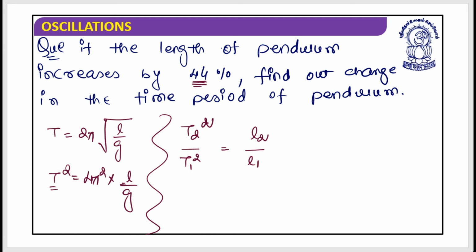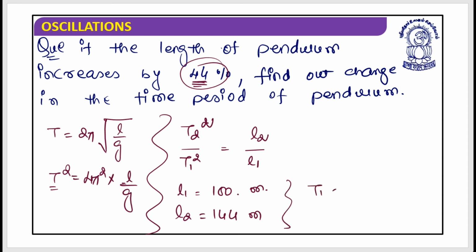I will take the initial L1 as 100 meters, and that has been changed by 44%. Then the new length will be 100 plus 44, which is 144 meters. T1 was 100 and T2 is my requirement initially, and then I will switch to delta T because they want the change in time period.